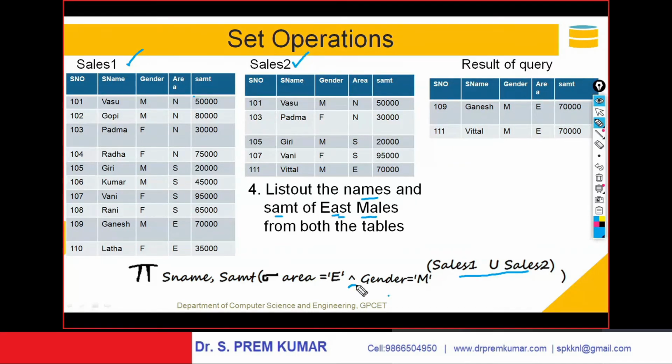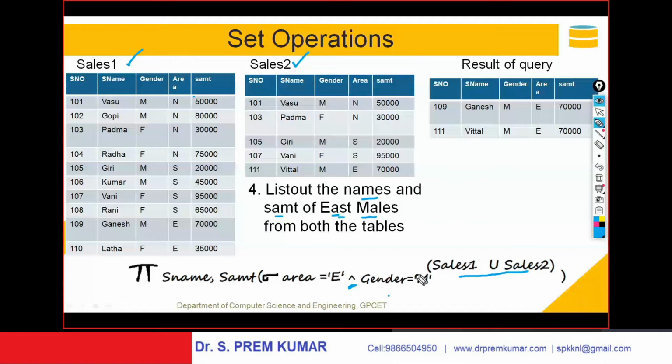You observe here, the AND operator, OR operator, NOT operator, all sorts of relational operators can be used. So select area equals East and gender equals male, East males from both the tables, Sales 1 union Sales 2.